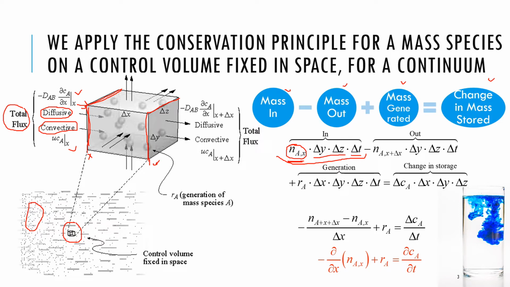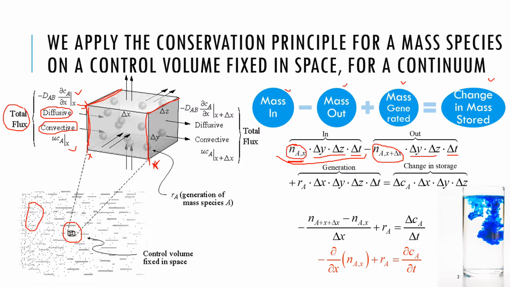Then the amount going out would be the flux at the right location here, multiplied by the same area, because the area of the face is the same, and over the same time. So that takes care of the first two terms.